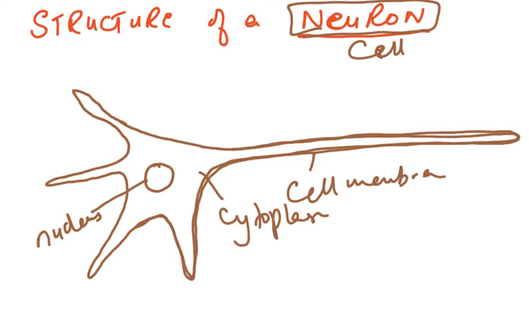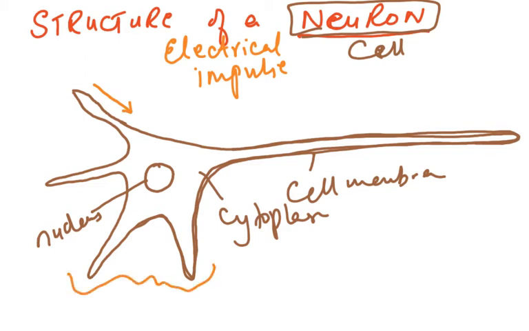Now, what we have to understand is the direction of an impulse. As I told you earlier, we talk of an electrical impulse. So if the impulses are coming to the cell body, now which part is the cell body? The cell body is the part which contains the nucleus. And this is the nucleus.